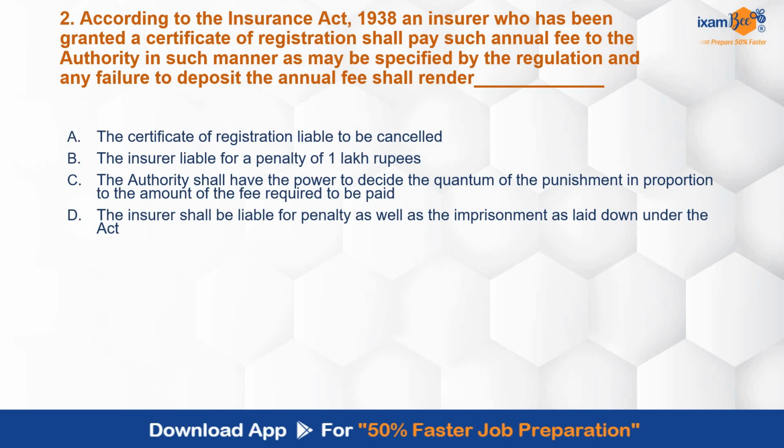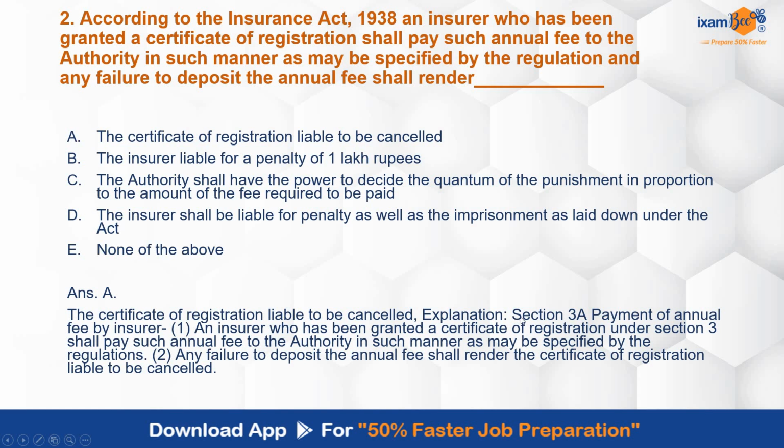Insurer shall be liable for penalty as well as imprisonment laid down under the Act. None of the above. So as per Insurance Act, if the insurer has been granted a certificate of registration, he shall pay the annual fee. And if he fails to deposit the annual fee, then the certificate of registration shall be cancelled. This is covered under section 3A.